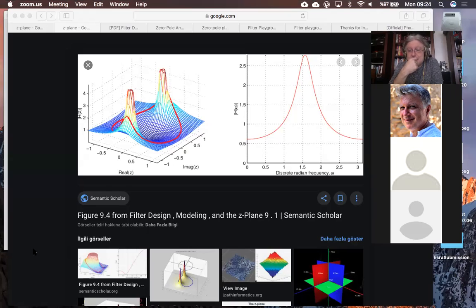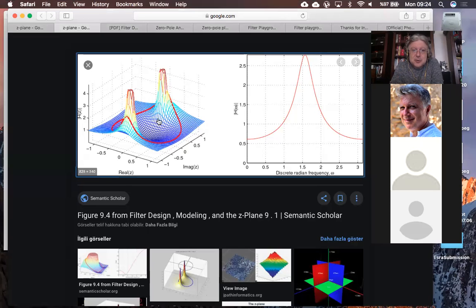For example, I want to show this figure. In this figure, it's similar to the figure that I tried to draw. There are essentially two poles, and this red circle corresponds to the unit circle, and on that unit circle it shows some inclinations and declinations, so it has a value.